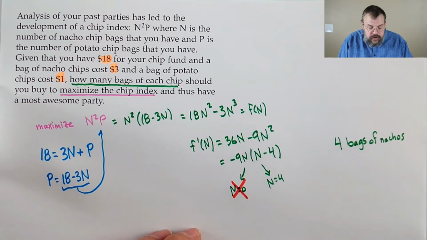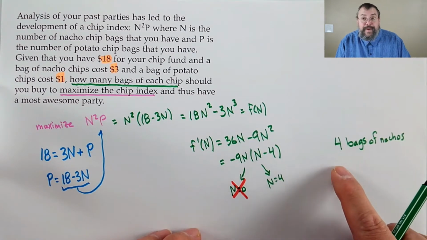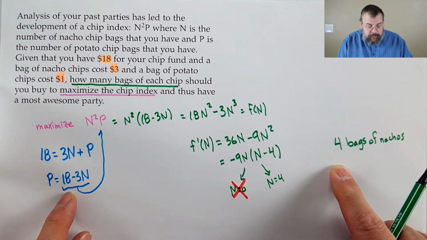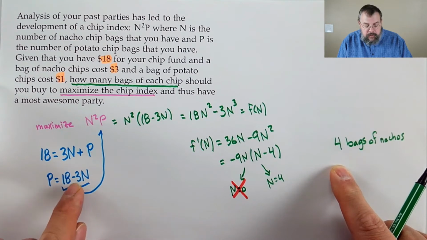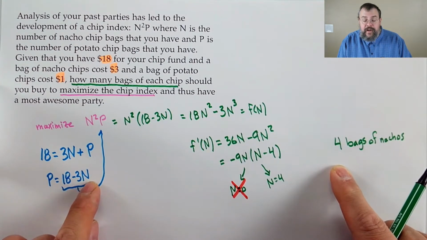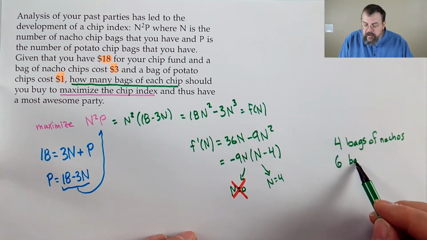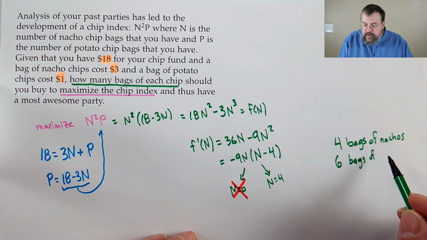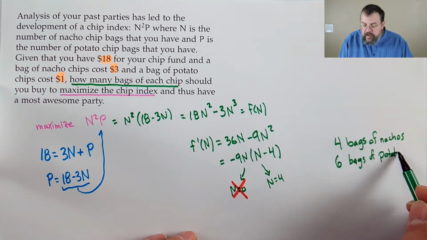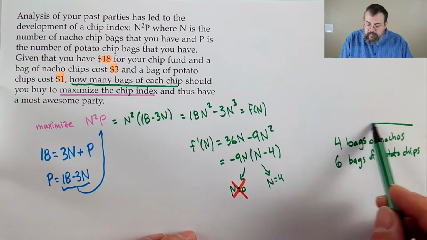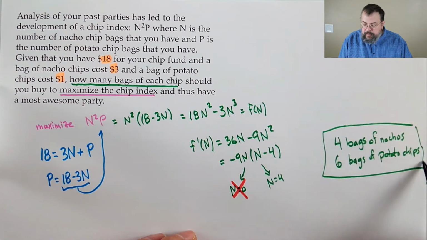This is nacho cheese. Now, how about P? Well, come over here. We take 18 subtract 3 times 4. 18 subtract 12 would give us 6 bags of potato chips. All right, and now we found the right mixture for our optimal party.